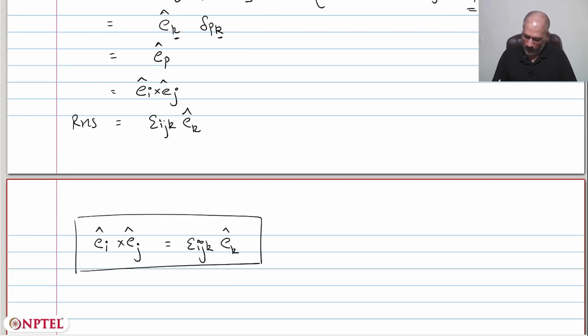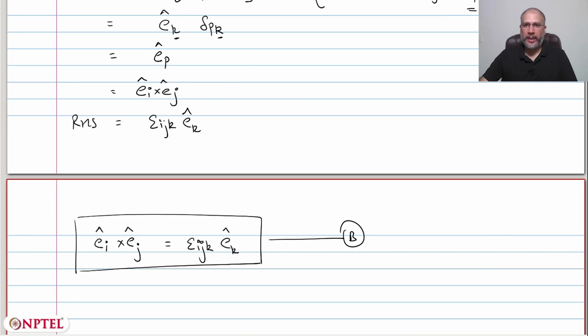That's a very important property as well. In fact, this property is the generalized way of writing vector cross product. Just as we learned to write e_i dot e_j as delta_ij, we have used the permutation symbol to write the cross product between e_i and e_j. So e_i cross e_j is epsilon_ijk e_k.